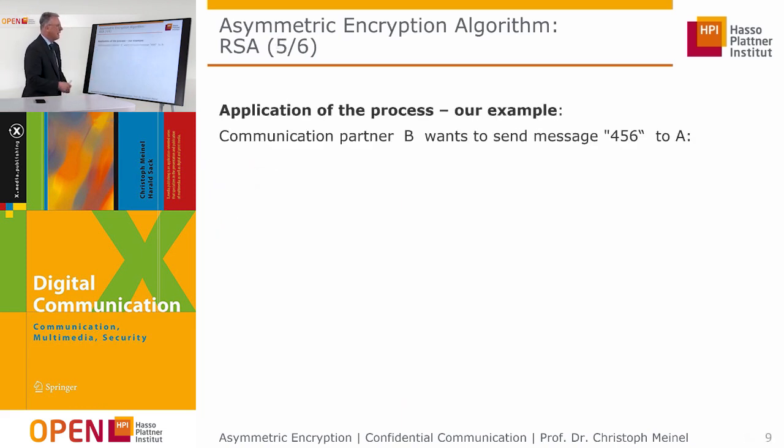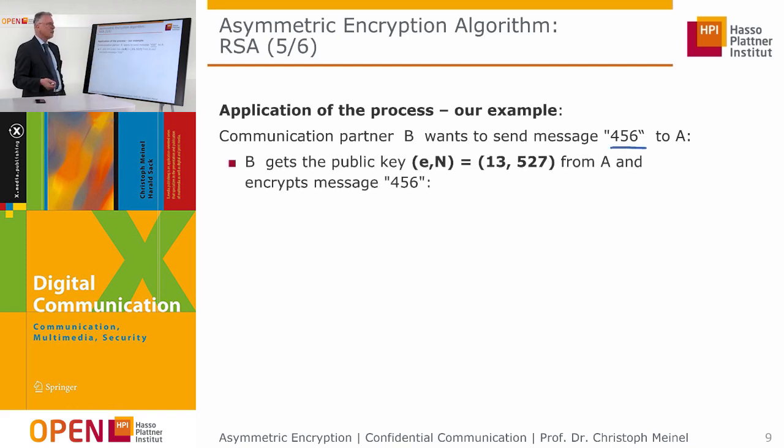So in our example, let's make it concrete now. The communication partner B, Bob, will send to Alice the message 456. It's also a very simple message, and it's a number because we have to compute numbers, but a string can every time be interpreted as a number.